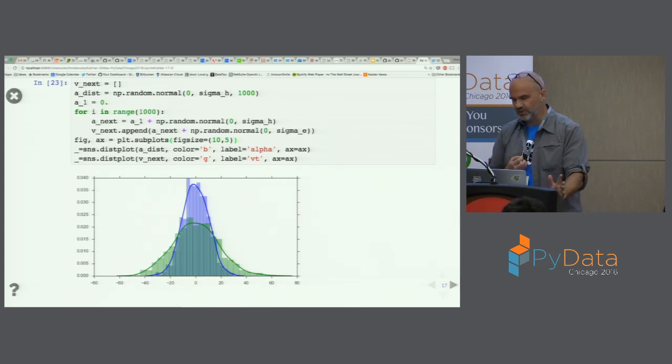What these histograms are trying to show is that if I know the current state, I can predict the next state just based on the distribution I know at that time, which is the blue histogram. The green histogram is the distribution of possible forecast errors for the next state.